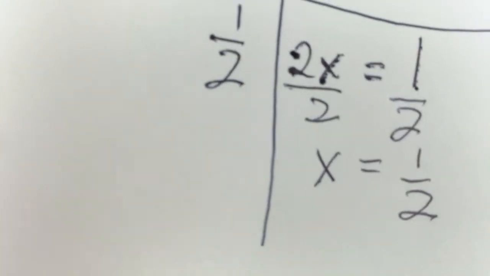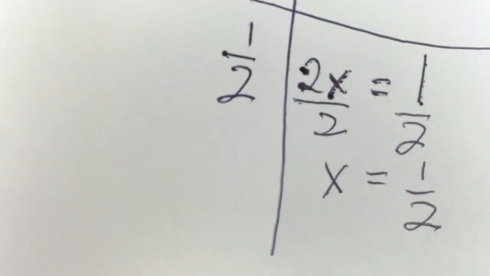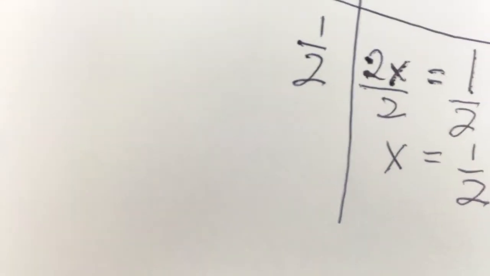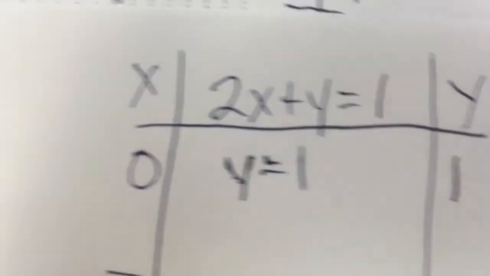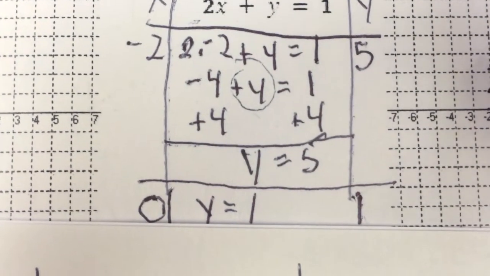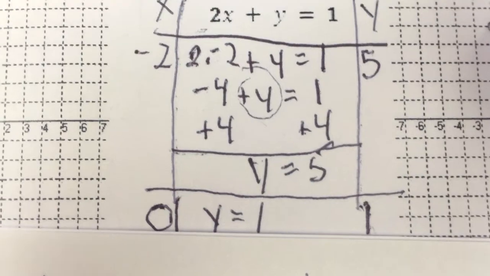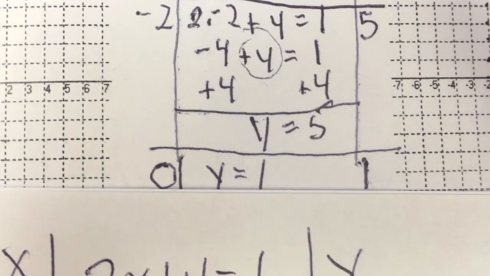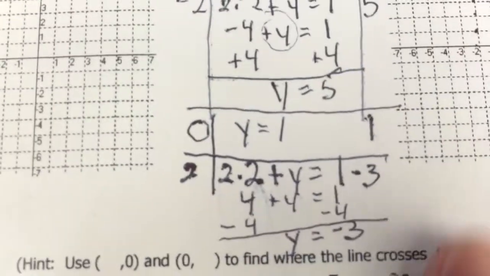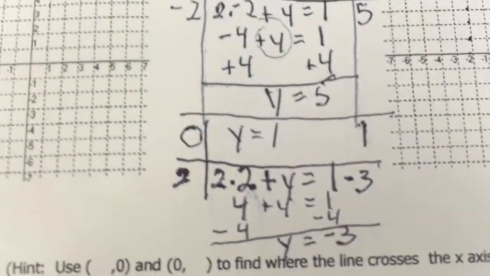Let's see, when we first graphed it with the first function table, we had -2, 5, and then we had 0, 1, and then we had 2, -3.